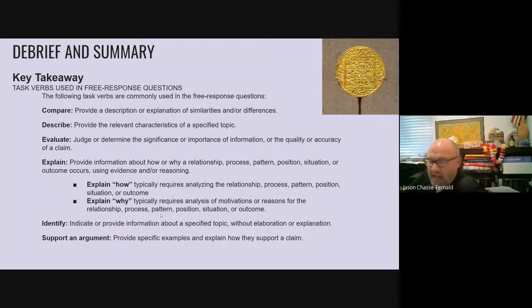The explain why, which is more of what the question is asking you, requires analysis of motivation or reason for the relationship. So when you answer that SAQ question, you're explaining why the pattern of distribution is the way it is. You're being asked to analyze motivations or reasons for the relationships, processes, patterns, position, situation, or outcome. These are right from the College Board curriculum framework.